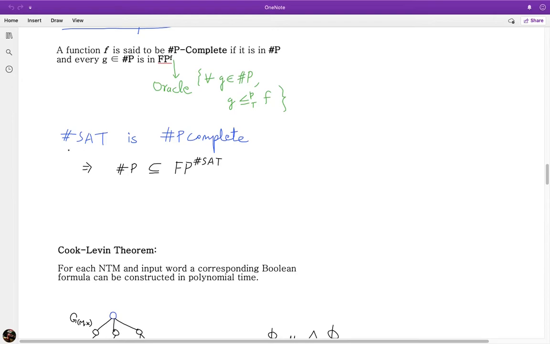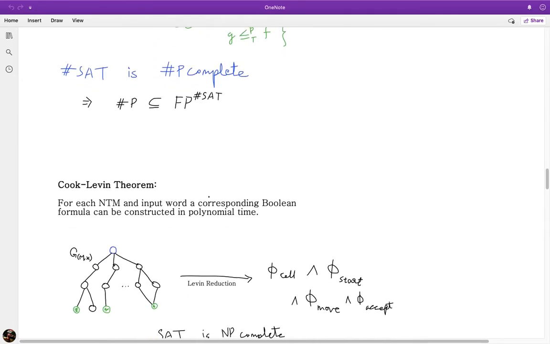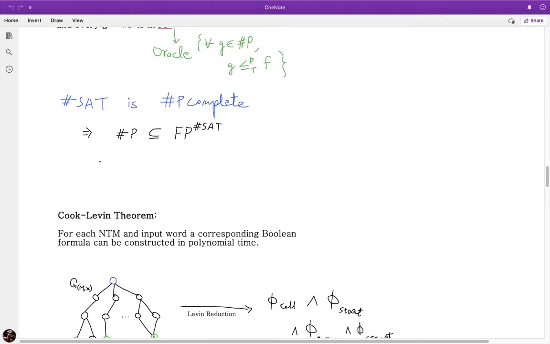Now we will show that #SAT is #P complete. In a way we are going to show #P is a subset of FP^#SAT. FP^#SAT is a class where all the problems are function problems reducible using a #SAT oracle.